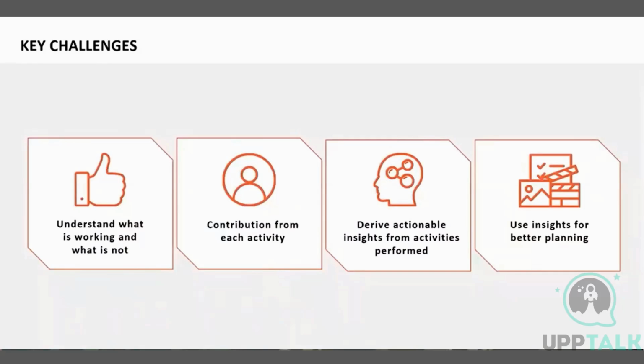We need to understand how all these sources are contributing towards the end goal, end data set, end conversion, end visualization. I want to see a goals chart. I have to set a goal for myself. So all these contributions from various channels of marketing need to be understood by people, and then we look into the contribution from each activity.